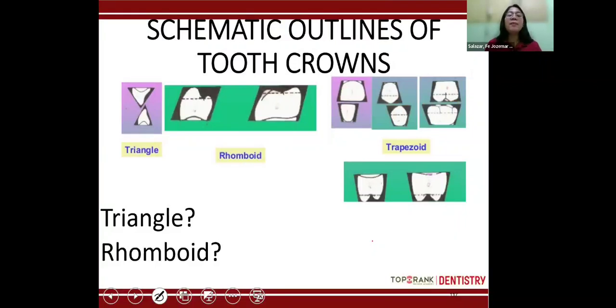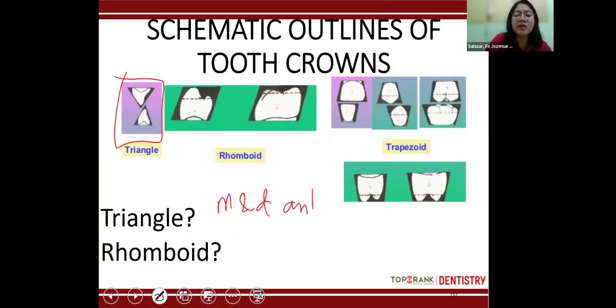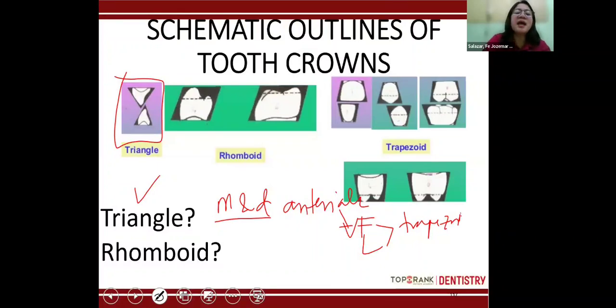Okay. Now, how about a triangle? Ito, mesial at distal ng anteriors. But remember, ang anteriors from facial at lingual ay trapezoid. Diba? Pero sa mesial at distal niya, triangle. Okay? And then rhomboid, this is the mesial and distal of your mandibular posteriors.